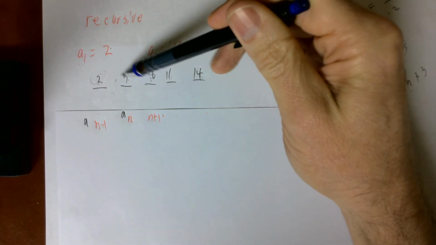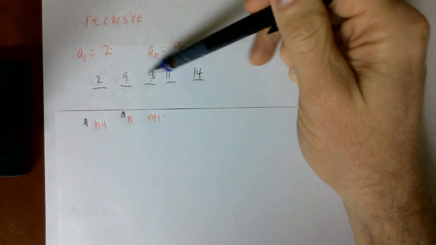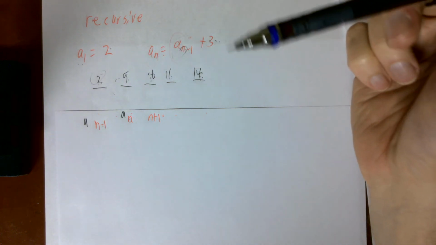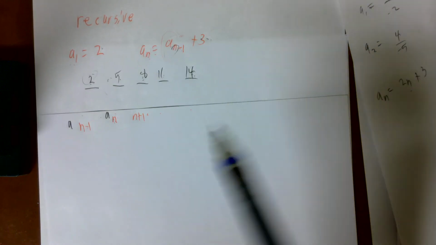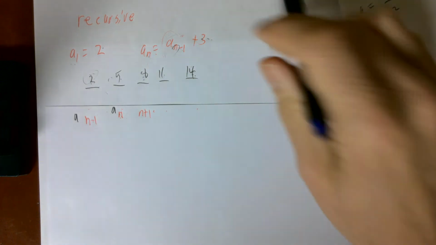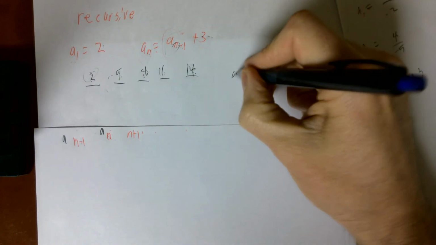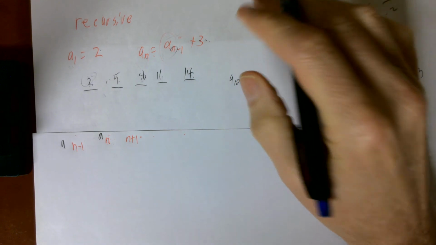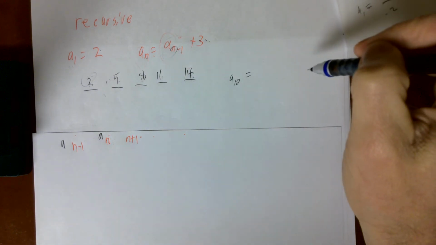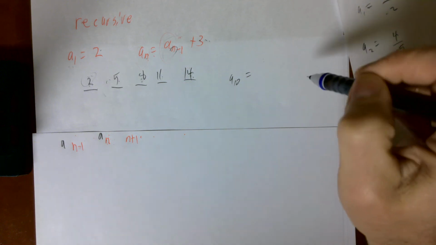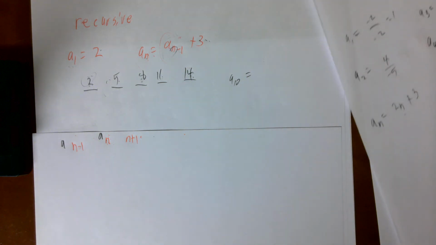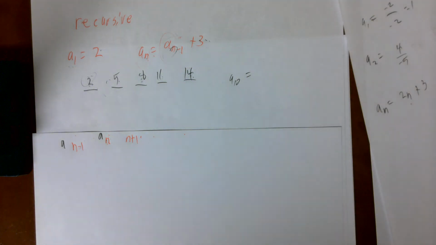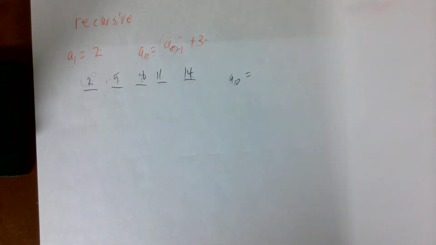To find this one, you take the previous one plus 3. Here's the problem. The issue with recursive formulas is if I want to know the 10th position, there's no easy way to find it. You literally have to draw 10 dashes and compute all the way up to the 10th one, as opposed to an explicit formula where you just plug the value in.